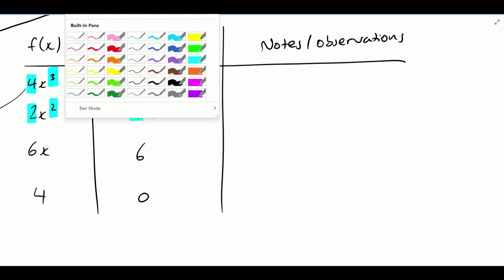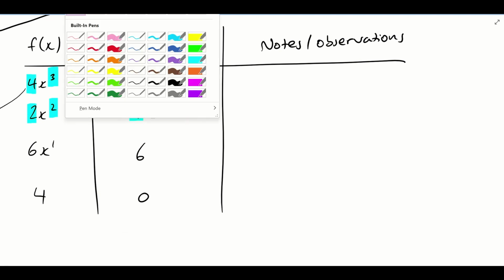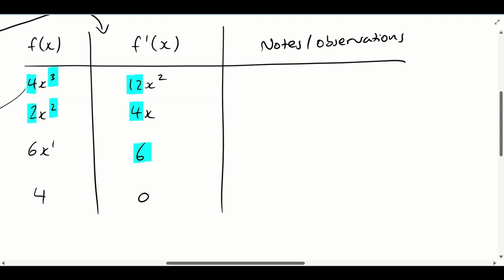Another way we can write 6x is 6x to the power of 1, so this 6 is a product of this 6 and this 1. And what's anything to the power of 0? Anything to the power of 0 is 1. So we can write this 4 as 4x to the power of 0, or 4 times 1, which just stays at 4. And this 0 is a product of 4 and 0.